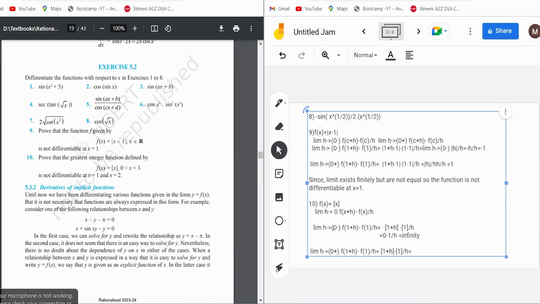So GIF of that thing would be 1, minus 1, divided by h. So from here we are getting 0. So we can easily see that the limit value is not equal, and even the limit does not exist when h is tending to 0 minus. So using these two things, I can easily say that my function is not differentiable at x equal to 1. Okay.